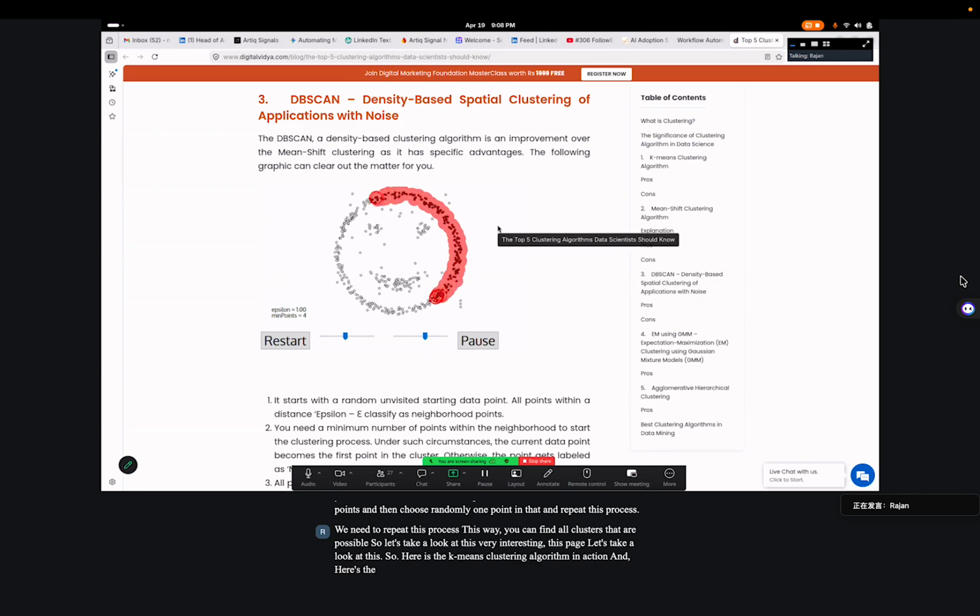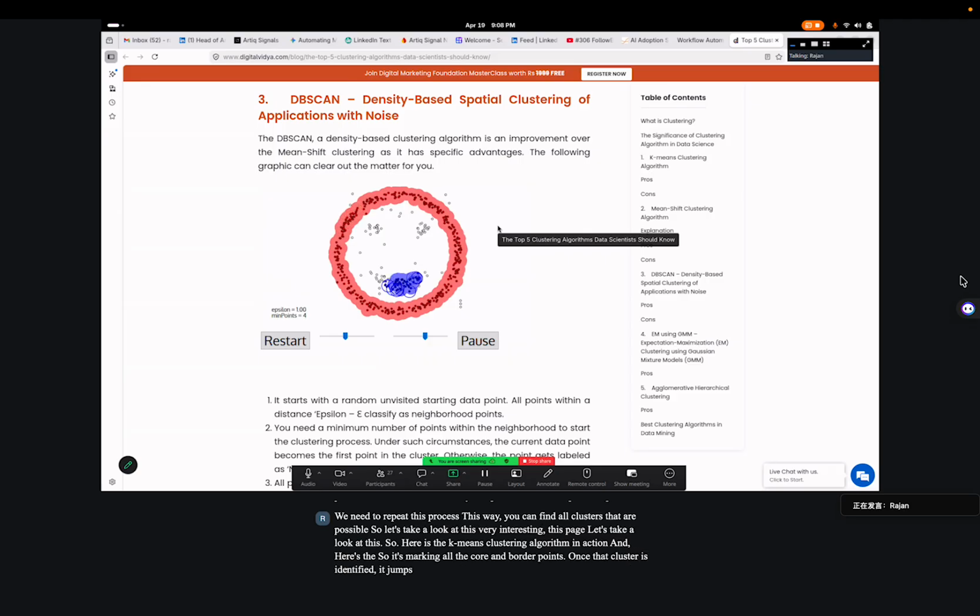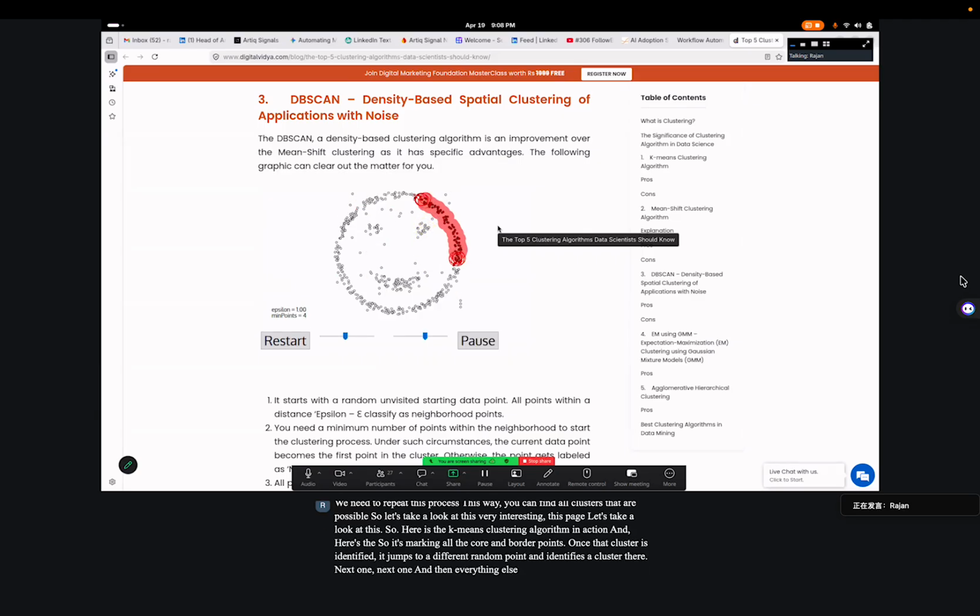It's marking all the core and border points. Once that cluster is identified, it jumps to a different random point and identifies a cluster there. Next one, and then everything else you see, they are all considered as noise points.